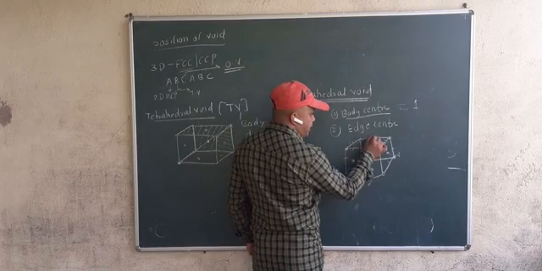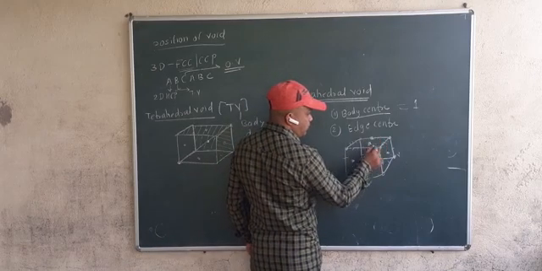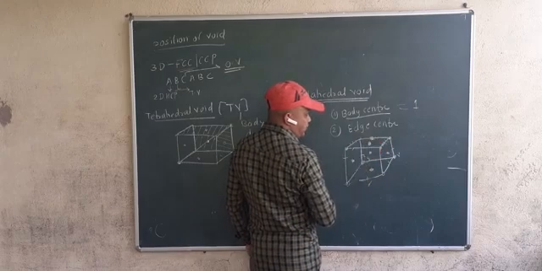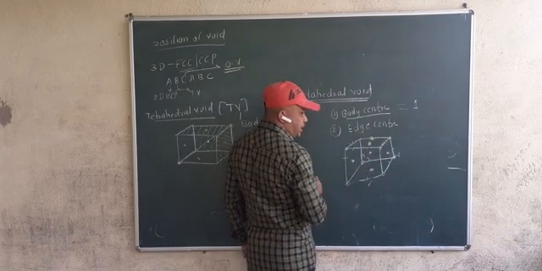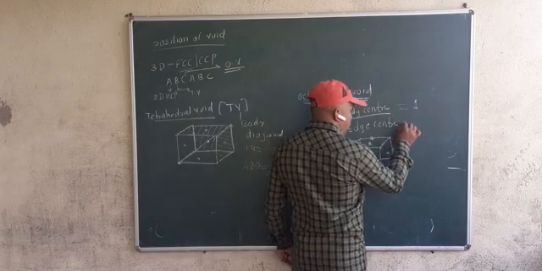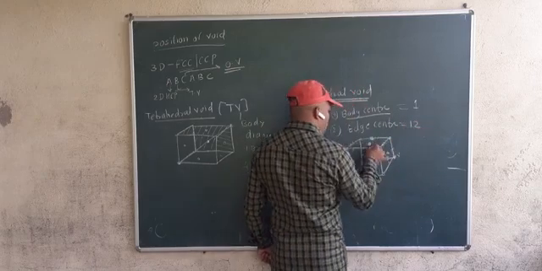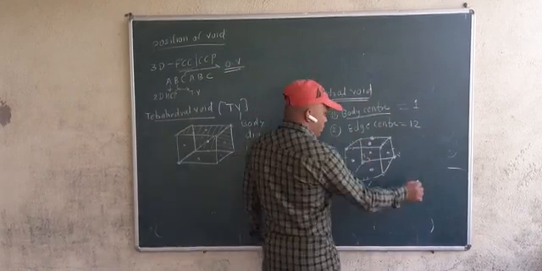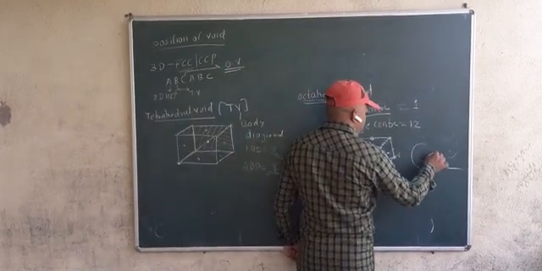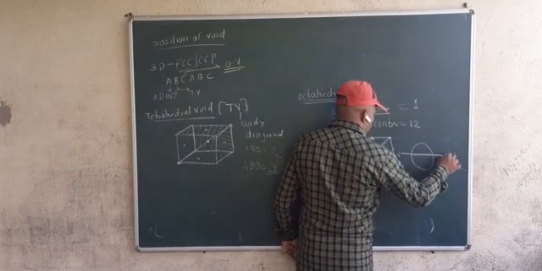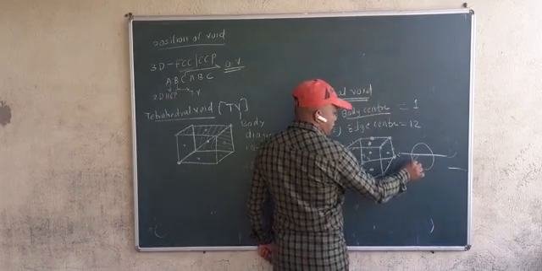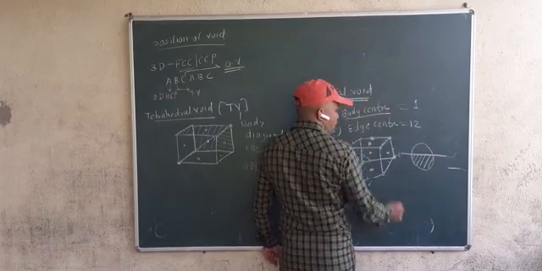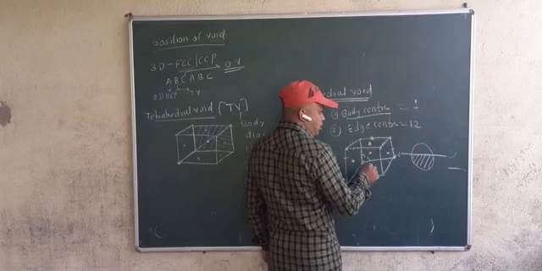Edge center means here, center of this edge. Now how many edges are there total? 12. And how much part belongs to this cube? If I draw a circle, this much part comes in this cube.